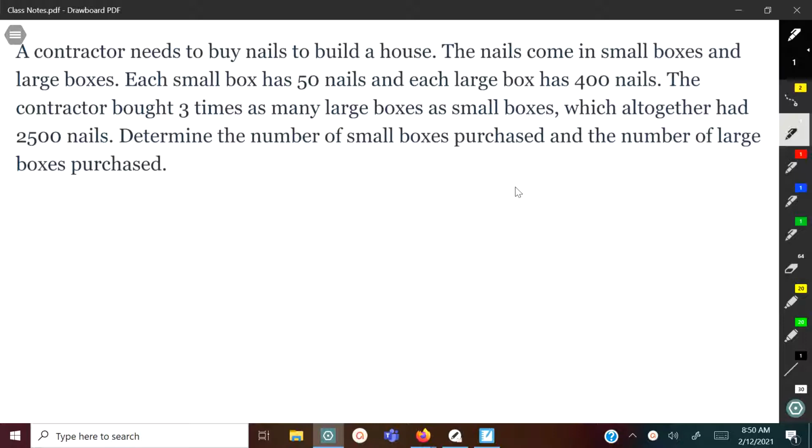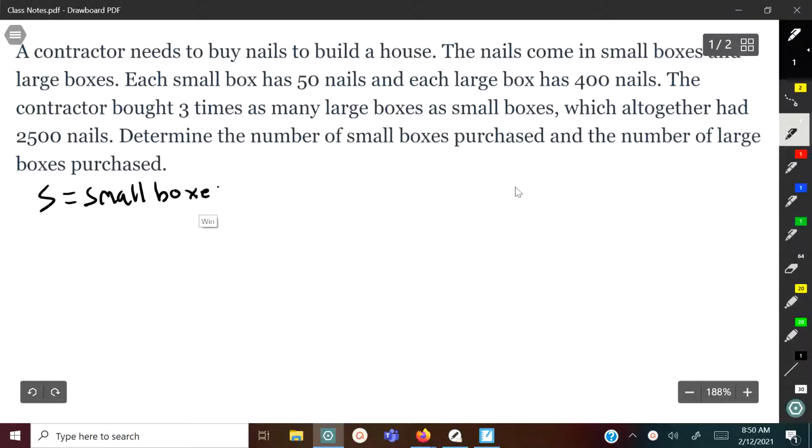So this is what you want to do. You want to make two equations, and we've got two variables. We've got S for the small boxes, and L for the large boxes.